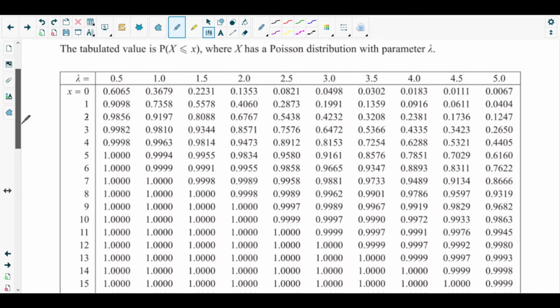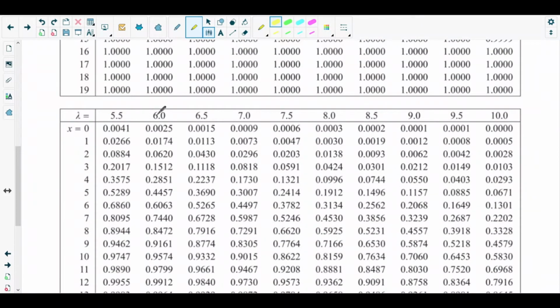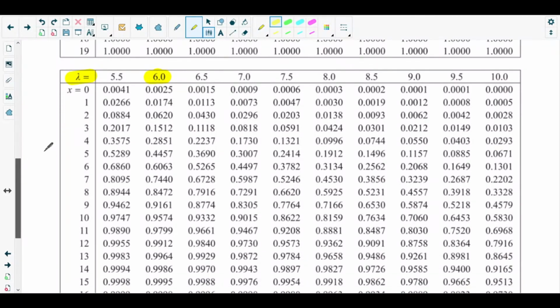So how to work with the table, I'll show you. The first row shows the values for lambda. Lambda we got is 6, so it's up to 5, so we need to go to the next one. Here you got 6. Under this column you will have the cumulative probabilities. We want y less than or equal to 4, so it is this one.